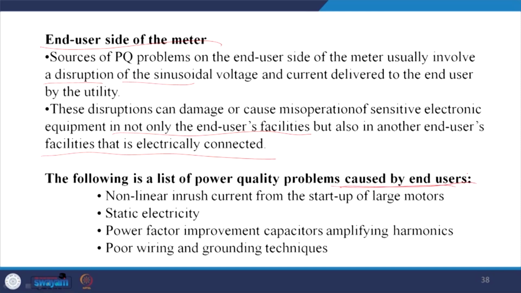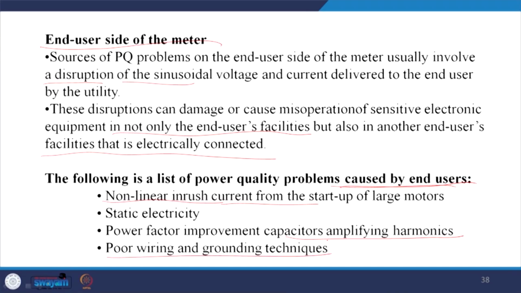So, following is the list of the power quality problems that are generally caused by the end users or the consumers. The nonlinear loads, mostly for the industrials, not the common man, the inrush current from startup of the large motor, static electricity, power factor improvement capacitor amplifying the harmonics, and poor wiring and grounding.